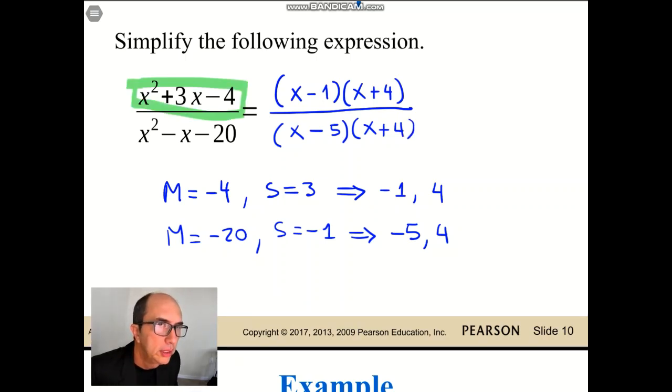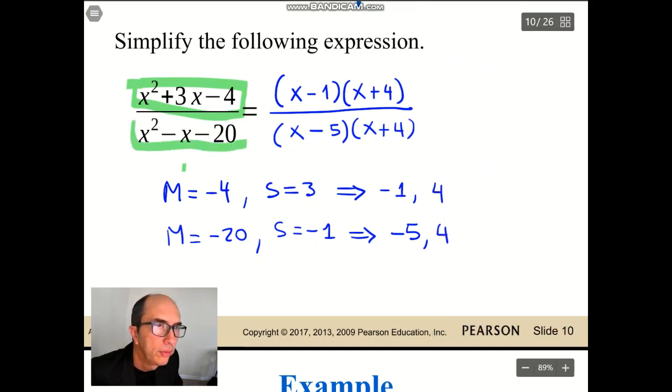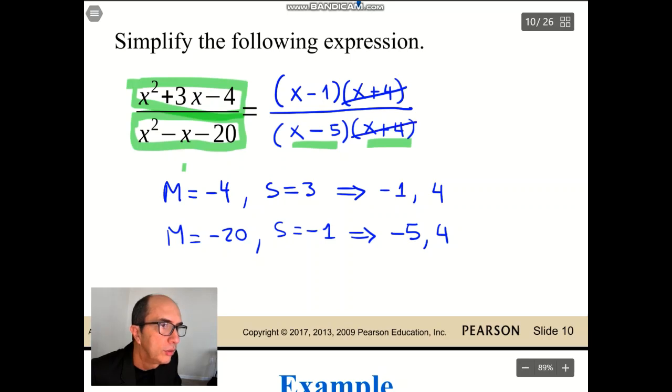We substituted the numerator by its factors, and we substituted the denominator by its factors as well. Those are factors that multiplied are going to be equal to the denominator. Since we have a common factor, x plus 4, we can divide x plus 4 over x plus 4, which is equal to 1.